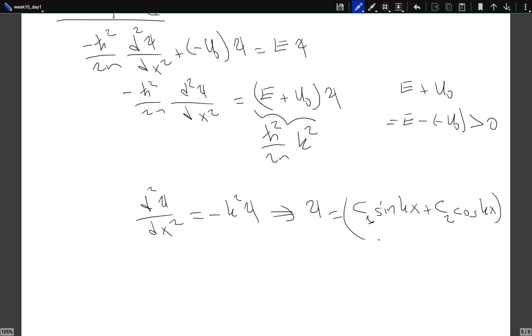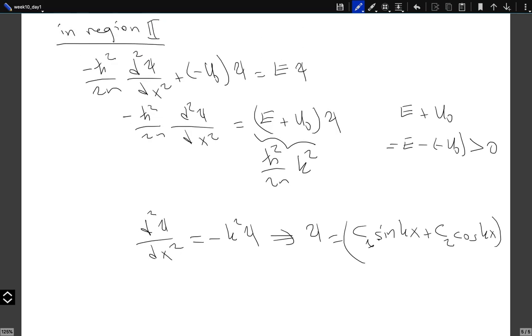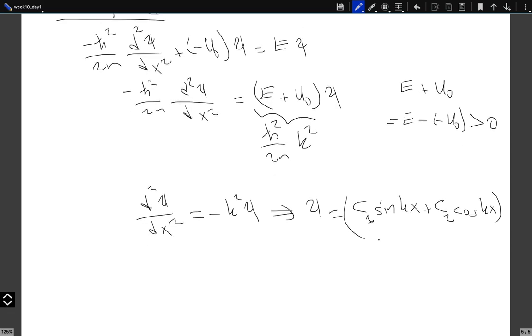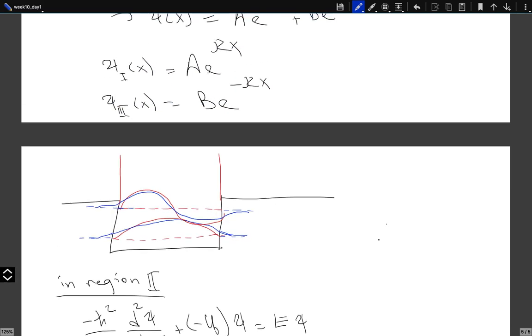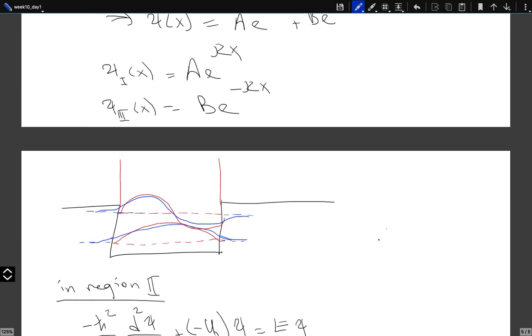They will be oscillating, because here now it will be negative. Anyway, I will not continue with the solution. What is important at this point is this: the wave function is non-zero even in the classically forbidden region.